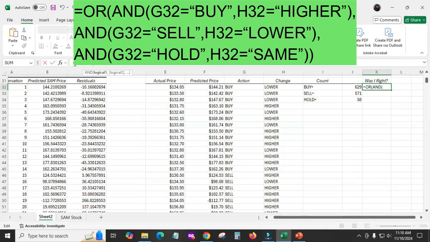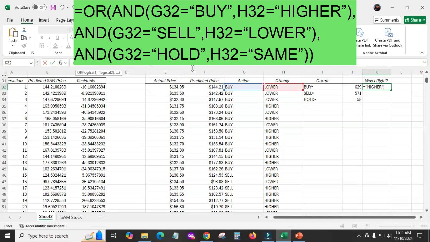Okay, our first logical statement is if G32, so I'm just going to click on G32, equals "buy", comma, H32 equals "higher", parentheses.